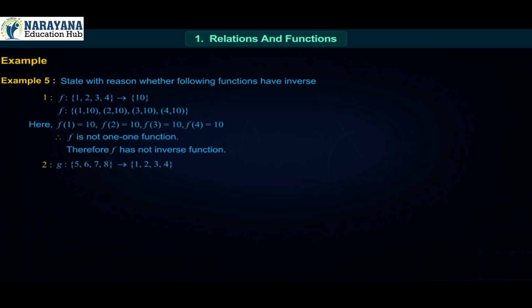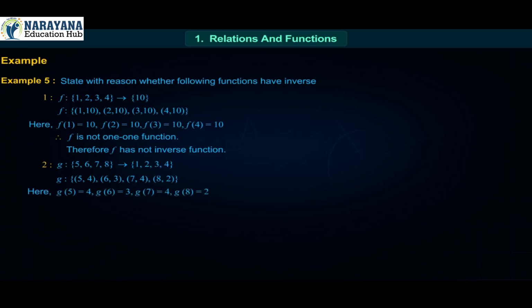Number 2. G from set of 5, 6, 7, 8 to set of 1, 2, 3, 4. G is set of ordered pairs (5, 4), (6, 3), (7, 4), (8, 2).